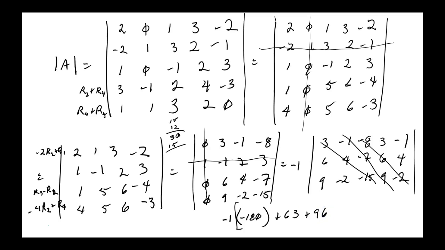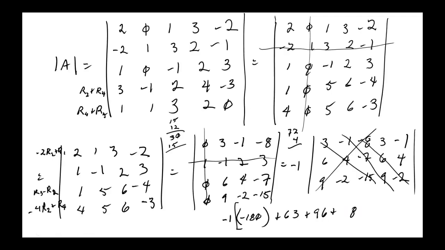Okay. Then let's do the up diagonals. And those will be a minus, which is plus. And that will be 72 times 4. That would be plus 8. Yuck! Such a pain in the neck. 288, I think.